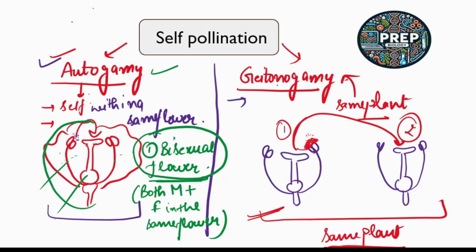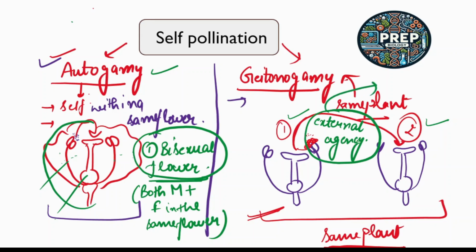Now if we talk about geitonogamy, the transfer occurs from one flower to another flower. It requires external agencies. So geitonogamy is functionally similar to cross pollination.